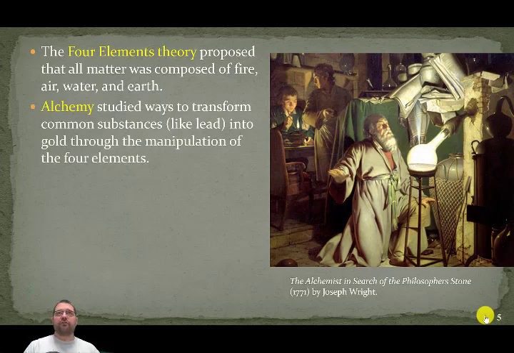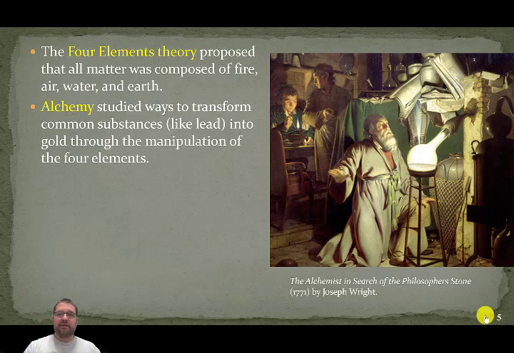Due to this, a pseudoscience came about, and that was called alchemy. And that was being able to transfer substances from one substance to another. So you could make things like lead or steel into gold by manipulating them with the four elements.